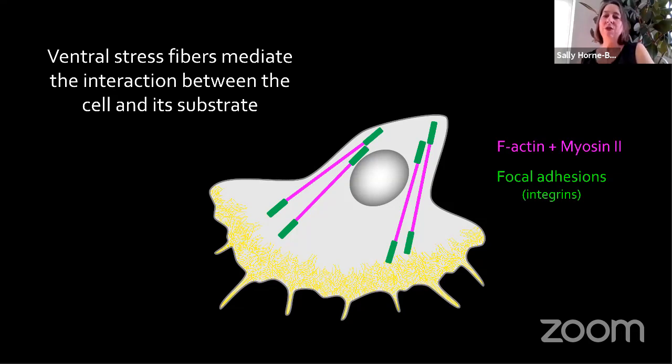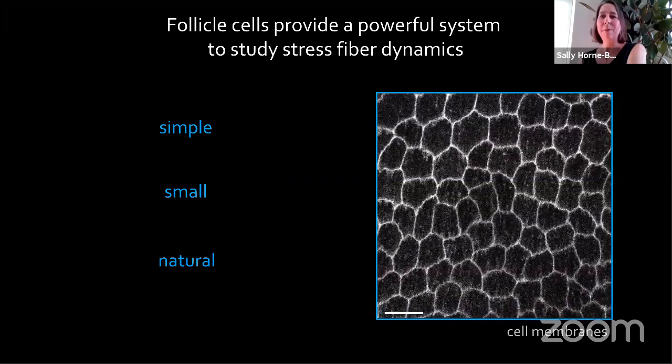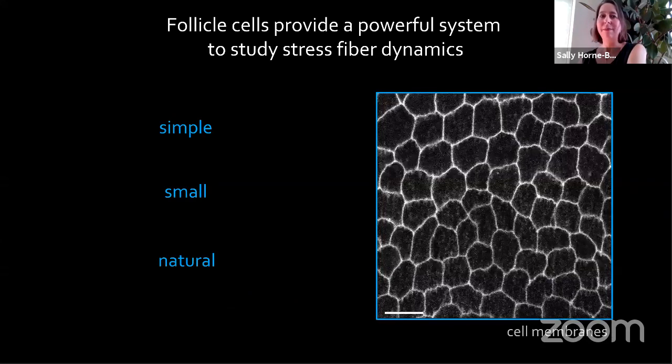And although we know that these structures are present in just gobs of migrating cells, it really is my impression that we have a very poor understanding of how these tightly adherent structures are remodeled as the cell moves forward. And I think that within the egg chamber, we really have a nice system to look at stress fiber remodeling in the context of a migrating cell. And the reason that I say this is that these follicle cells are simple, small, and natural.